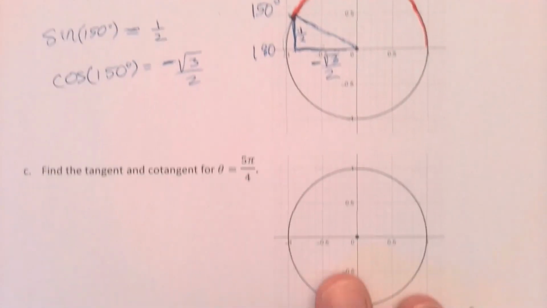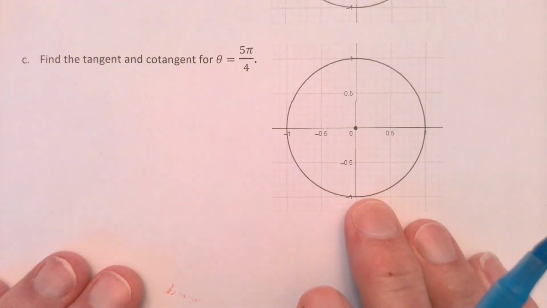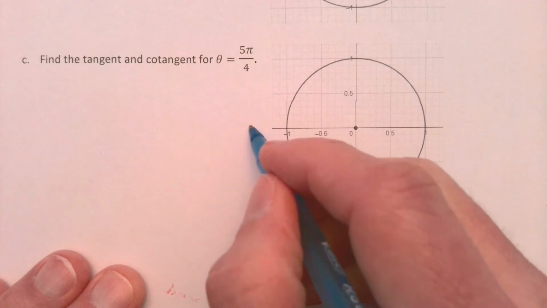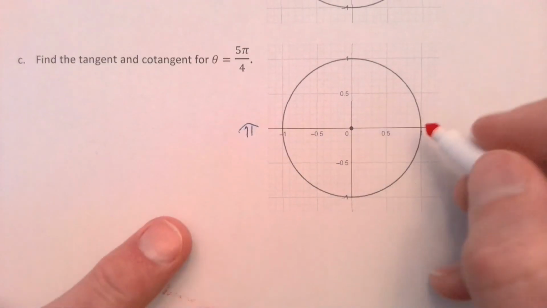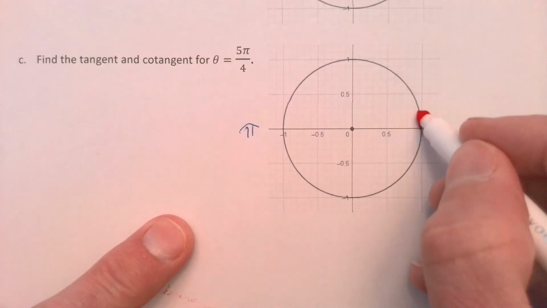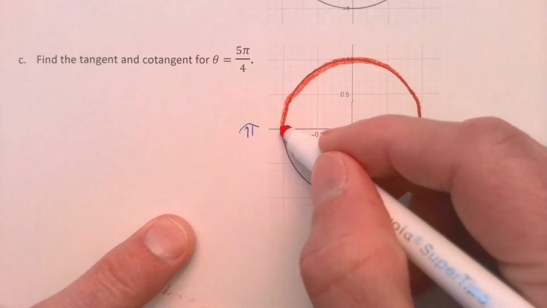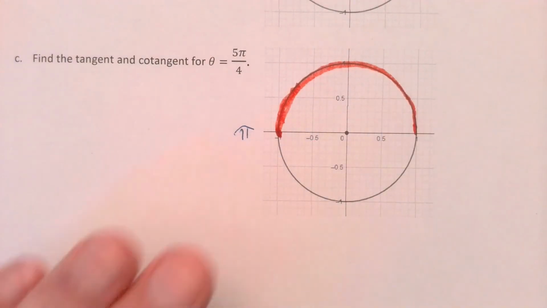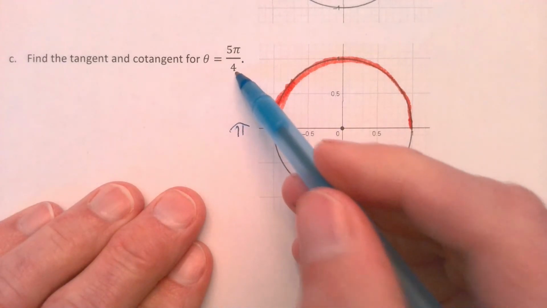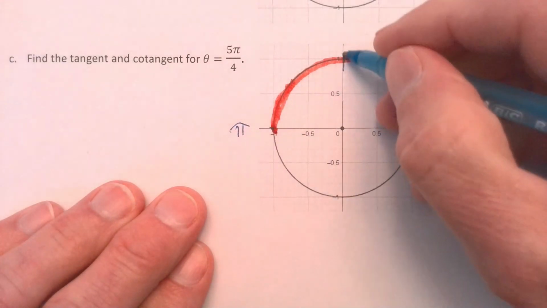Let's try another one. Oh, here come the radians. Okay, I'm going to go back to this. You should remember that this arc, starting at 0 on the positive x-axis and going counterclockwise over top of the circle, ends at pi. Okay, now you're going to have to understand a little bit about fractions. The number on the bottom of the fraction tells you how to cut this arc up. You're supposed to cut this arc into 4 equal parts.